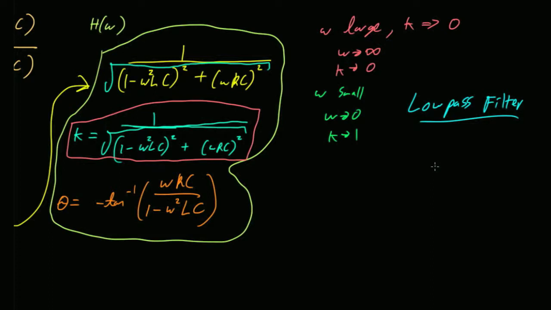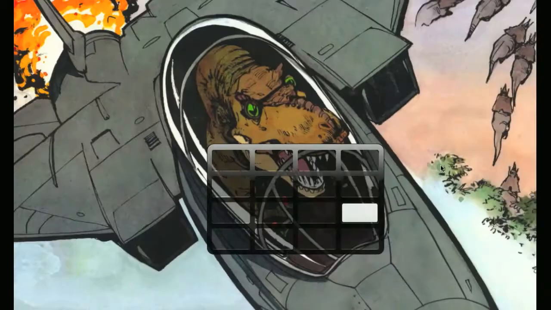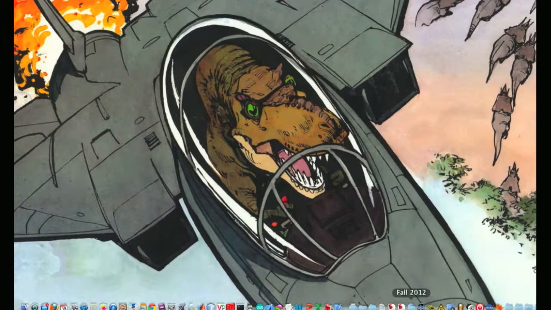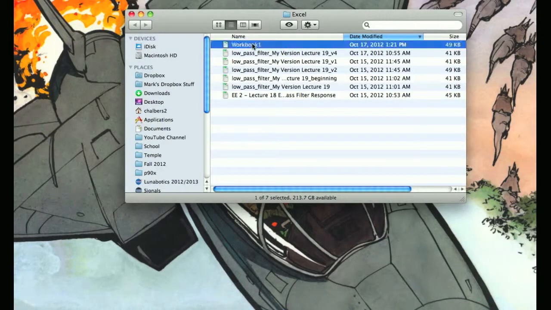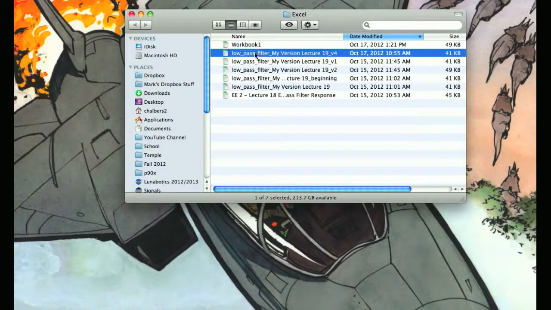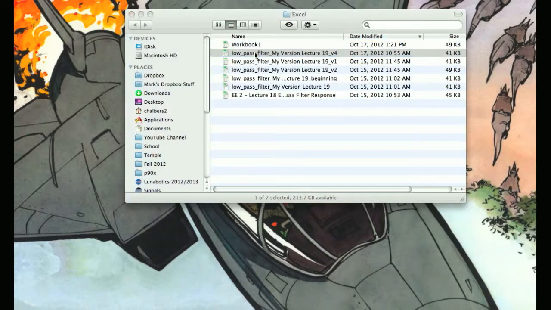and for low frequencies you get a gain of 1. Okay, so I think now it's time to start firing up this handy dandy Excel demonstration. Turn on.